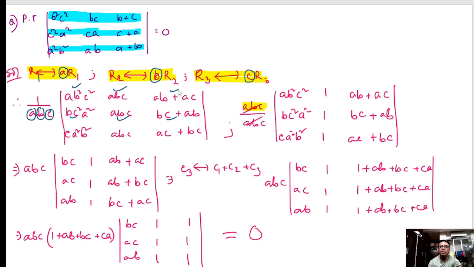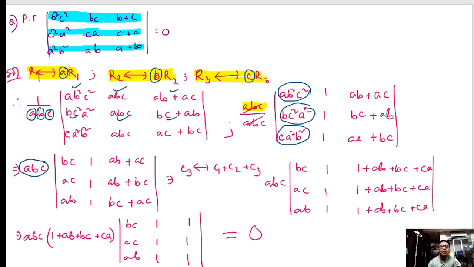From the first column, we are trying to take one ABC common: ABC common from here, ABC common from here, and ABC common from here. So these are the leftovers.